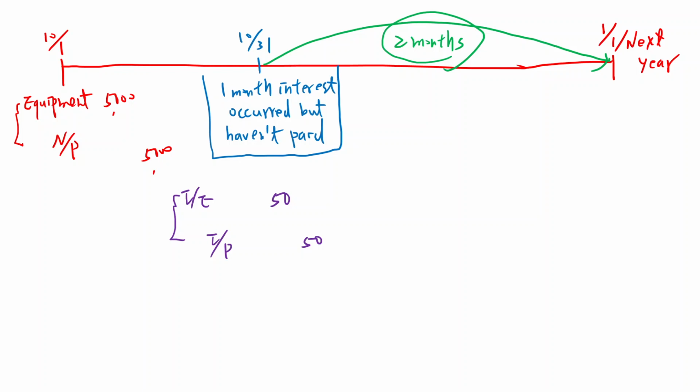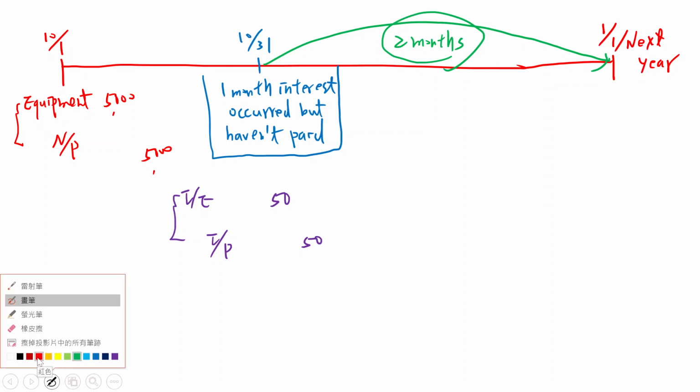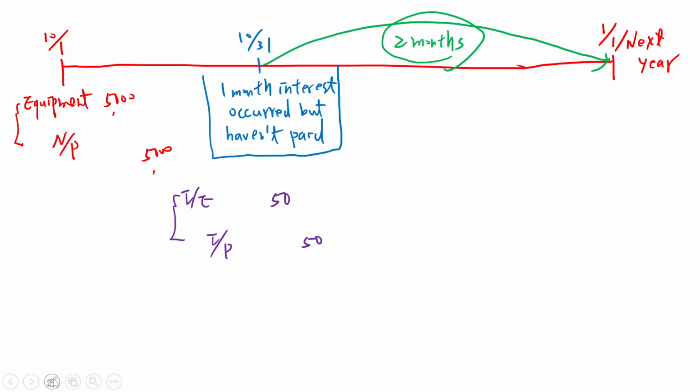So first money is what? Don't forget. You had 2 money have to pay. First money is principal you had to pay, right? So don't forget, you had to pay the first money, principal, $5,000. Second money you had to pay is what? Interest.